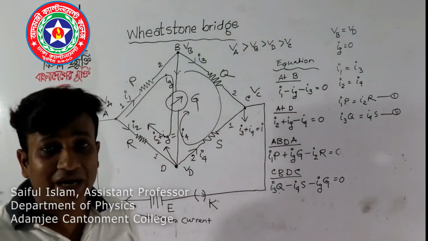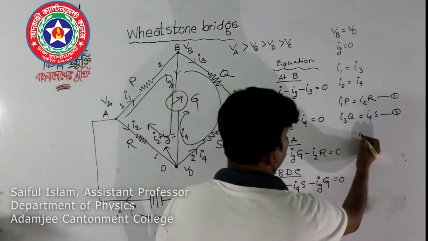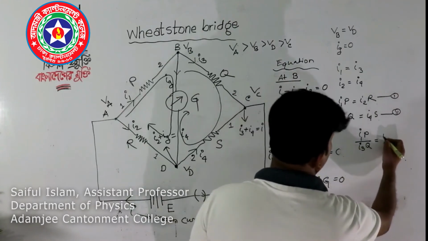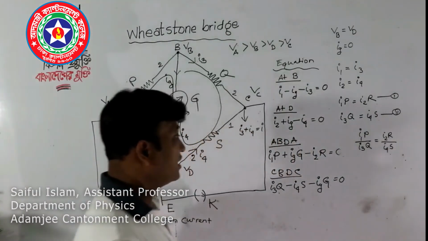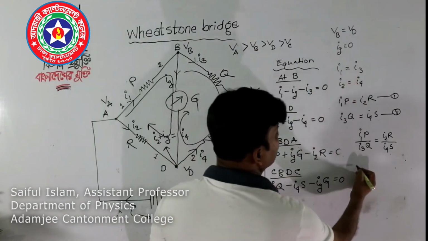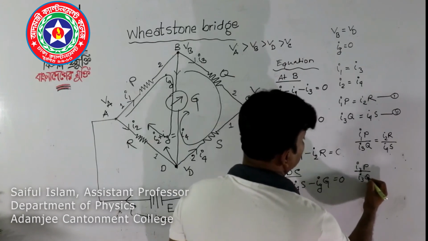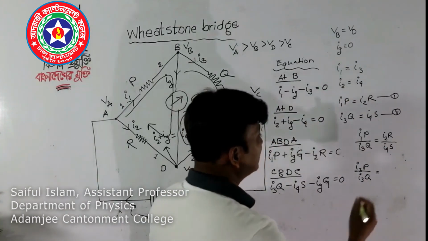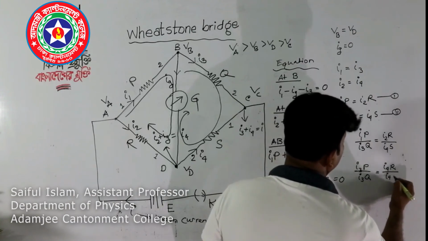Now if we divide equation 1 by equation 2, we get I1P divided by I3Q equals I2R divided by I4S. Now here I1 equals I3, so we can write I3P divided by I3Q, and since I2 equals I4, we can write I4R over I4S.